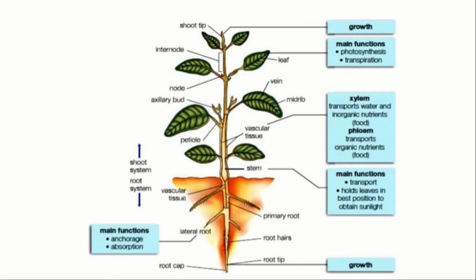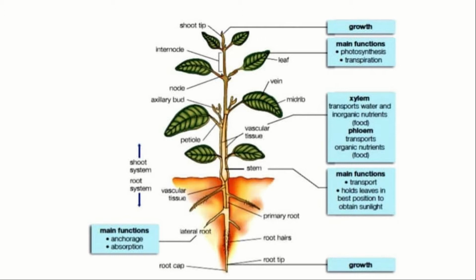Come, let us know some of the functions. The shoot tip of a plant signifies the growth of a plant. The main function of a leaf is photosynthesis and transpiration, the definition of which we will be learning later. Xylem. There are two types of vascular tissues as I mentioned earlier: one is xylem and the other is phloem.